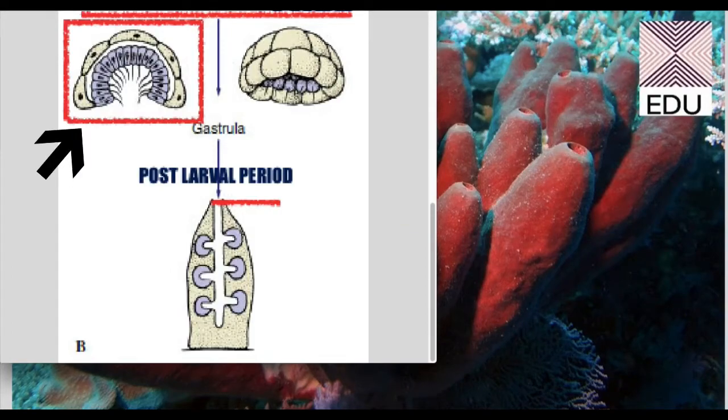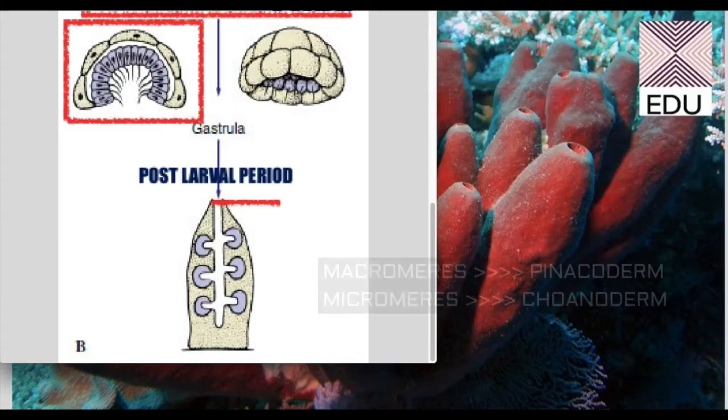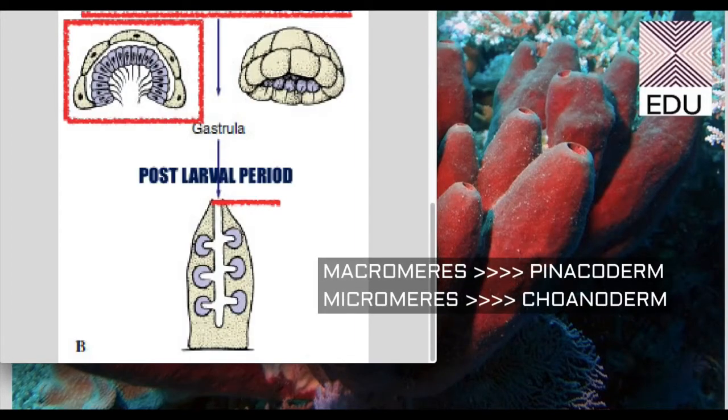Now just see the gastrula. It has the macromeres towards the outside and micromeres, the flagellated cells, towards the inside. The macromeres which are towards the outside develop the pinacoderm, and the micromeres which are towards the inside form the innermost layer of the Sycon, which is the choanoderm.